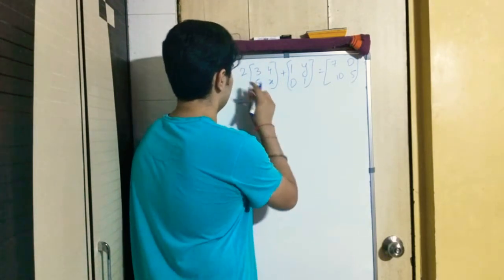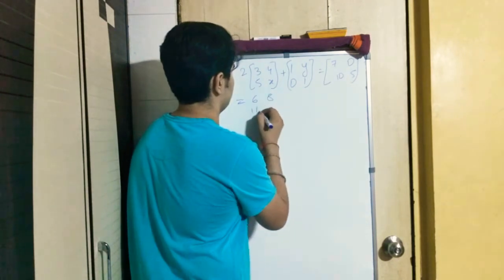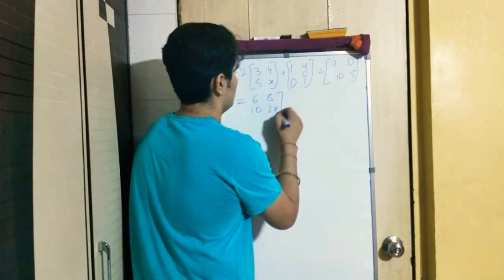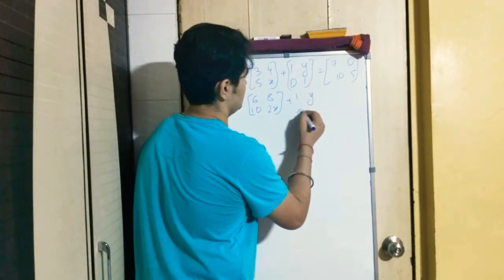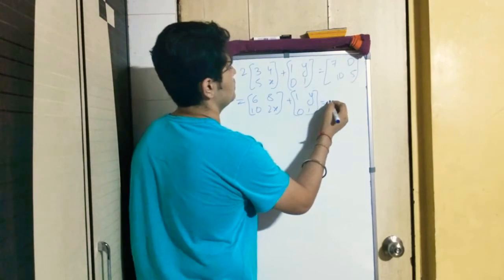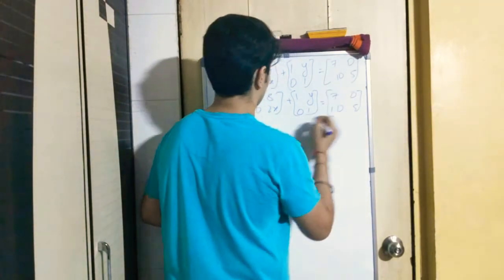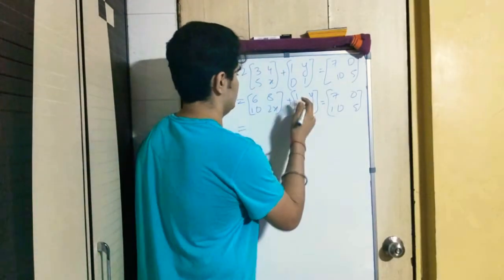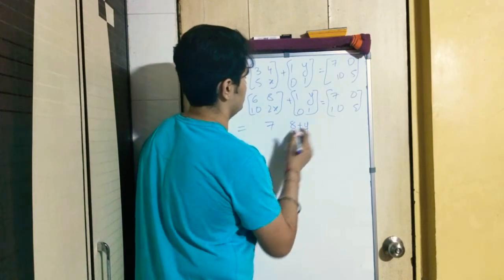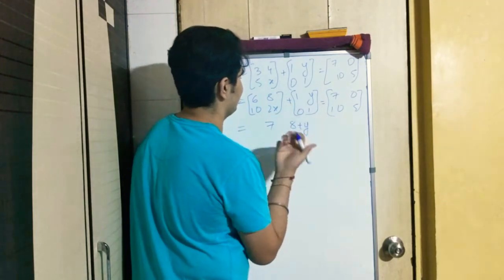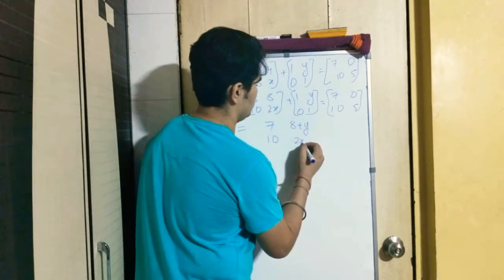So we start. 2 into 3 is 6, 2 into 4 is 8, 2 into 5 is 10, 2X plus 1 Y 0 1 is equal to 7 0 10 5. 6 plus 1 is 7, 8 plus Y. You cannot just write 8Y, it's 8 plus Y. 10 plus 0 is 10. 2X plus 1 is 2X plus 1.